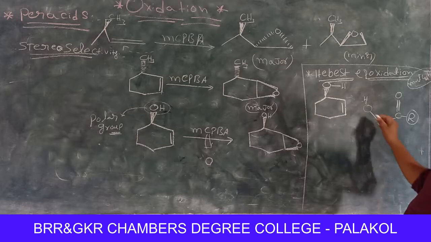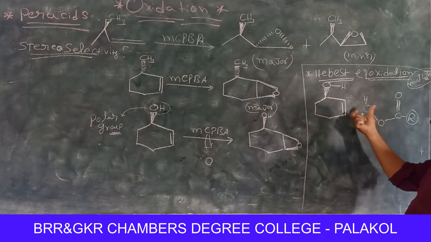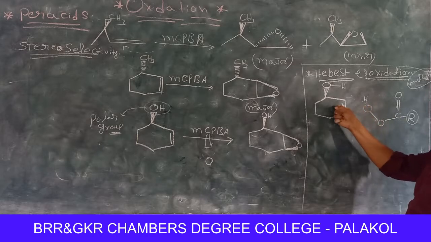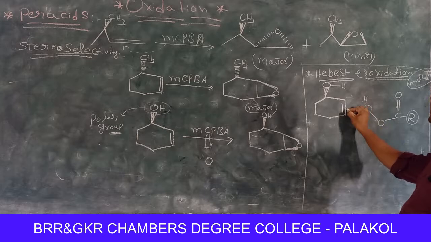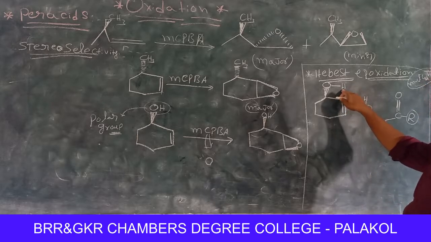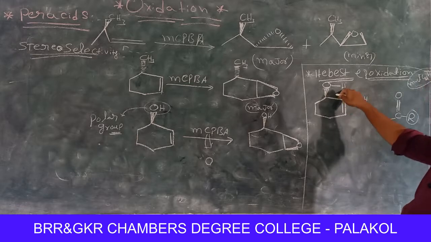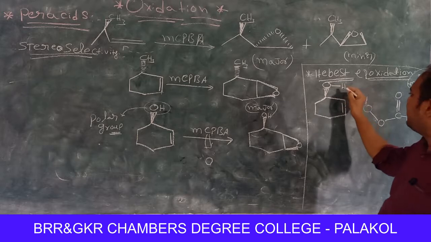When the peracid approaches the olefin, what is happening? Before the oxygen reaches the olefin, there exists some intermolecular hydrogen bonding between the hydrogen and the C=O oxygen.